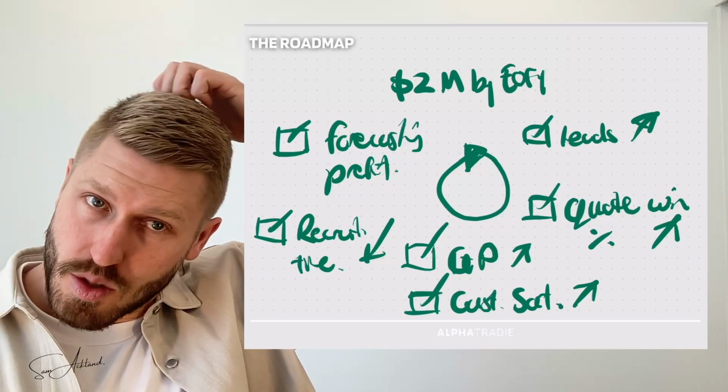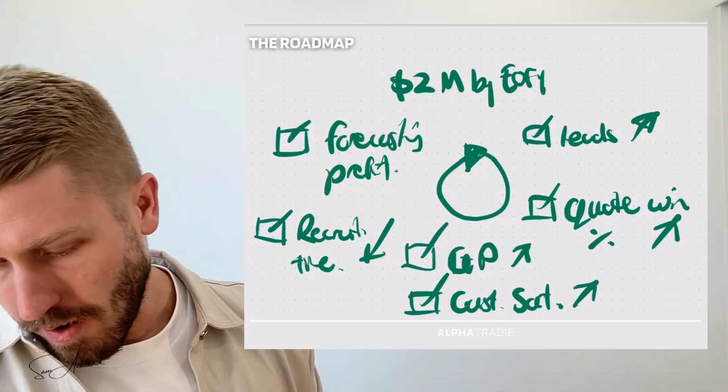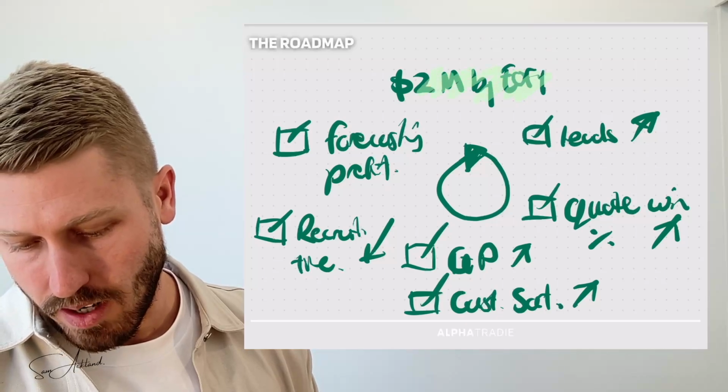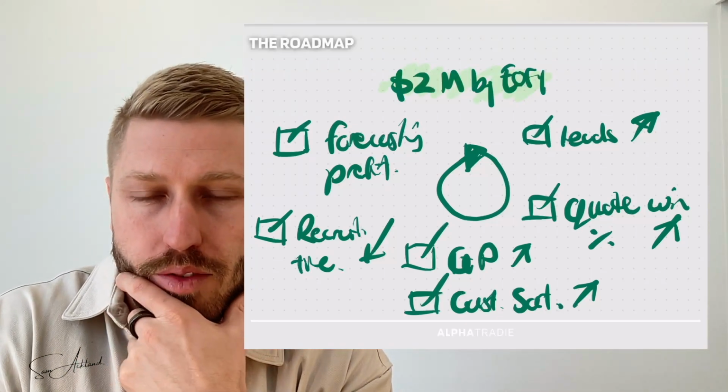But for the purpose of this, we really need to be considering where we want to go. What is the job that we're making for ourselves? In this scenario, we want to go to $2 million. We want to maintain our profitability, and we want to build out your project manager role.